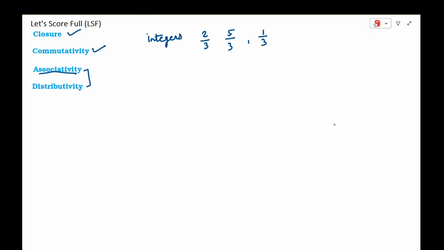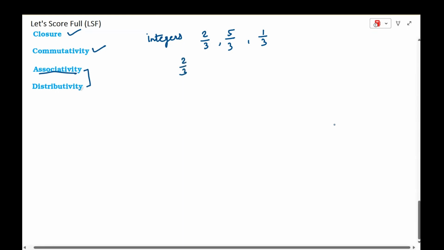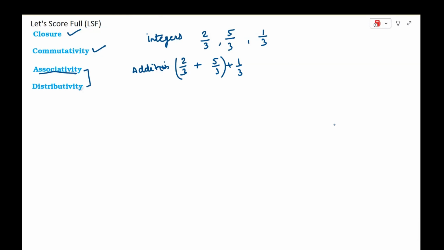So, I took the three integers, 2 by 3, 5 by 3, and 1 by 3. Suppose I'm doing it for addition, associativity for addition. If I join two of them, and then the third one.